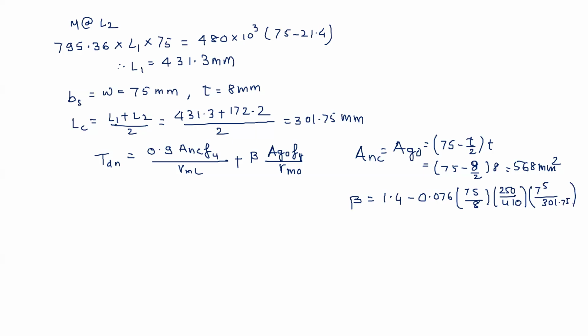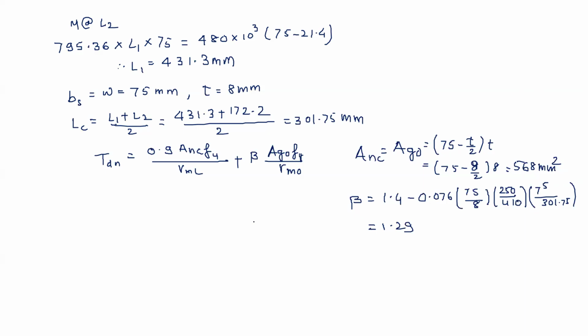Just I will calculate because I have committed one mistake. Divided by 8 into 410 into 301.75 into minus 1 plus 1.4. So I got 1.29.